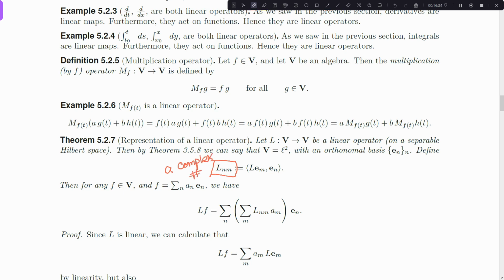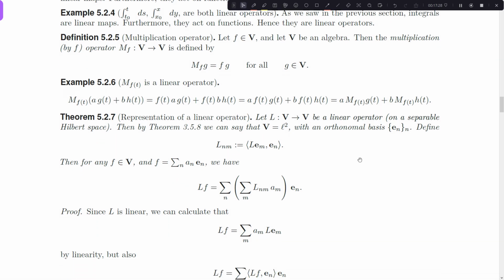It gets defined by computing an inner product of L on one element of my orthonormal basis against another element of the orthonormal basis. And because inner products output complex numbers, I just get this nice sequence of complex numbers in the indices n and m, right? So the indices are n and m, and I've produced a sequence of those.